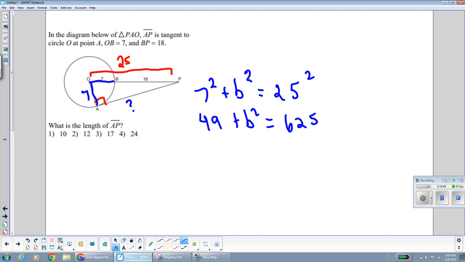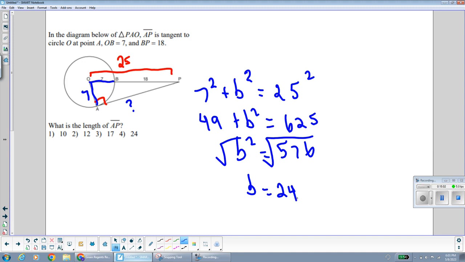Let me subtract 49, and then take the square root of both sides. Hopefully that works out nicely, and it does. b is equal to 24.